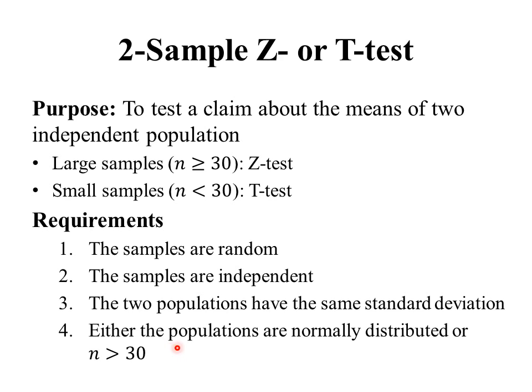And the fourth, either the populations are normally distributed or both sample sizes are bigger than 30. We've seen this requirement of populations being normally distributed come up before. Whenever we make a claim about a population mean, we need to have either normally distributed or a large sample size. That's a fact that we're going to talk more about in Chapter 10.